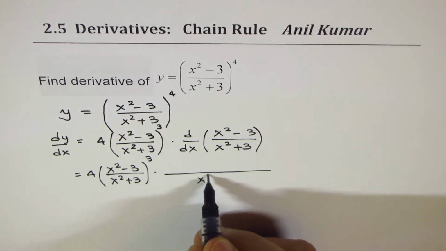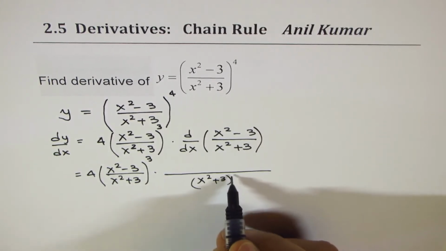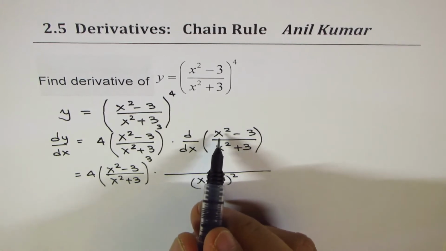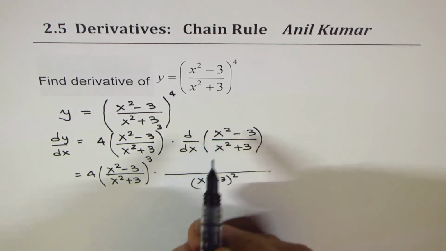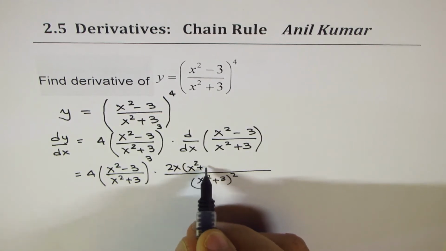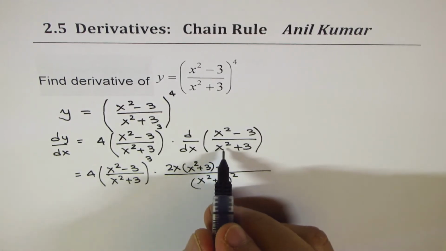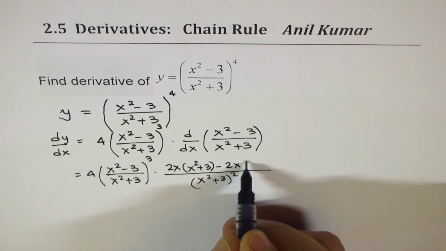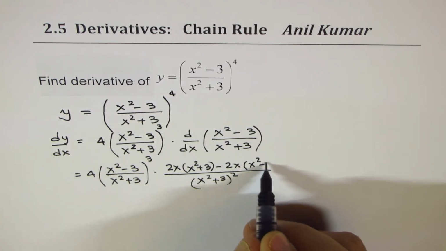So we get x squared plus 3 whole squared in the denominator. The derivative of the numerator is 2x, so 2x times x squared plus 3, take away the derivative of the denominator, which is also 2x, times x squared minus 3.